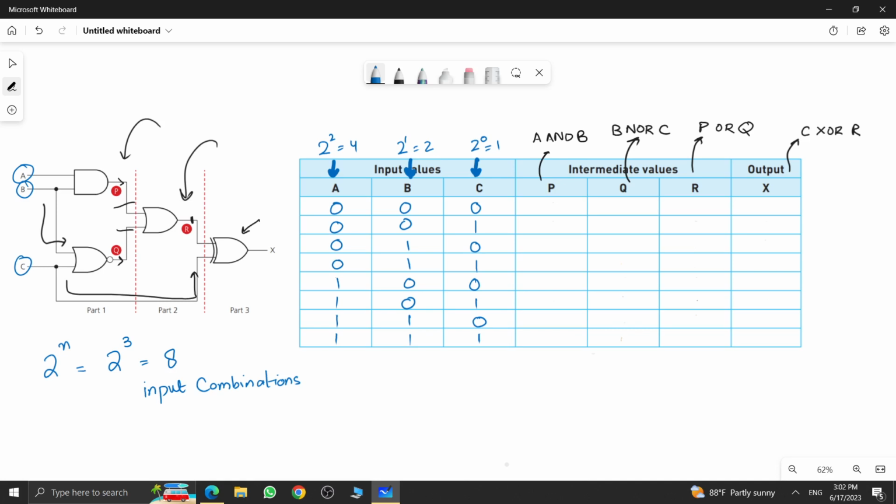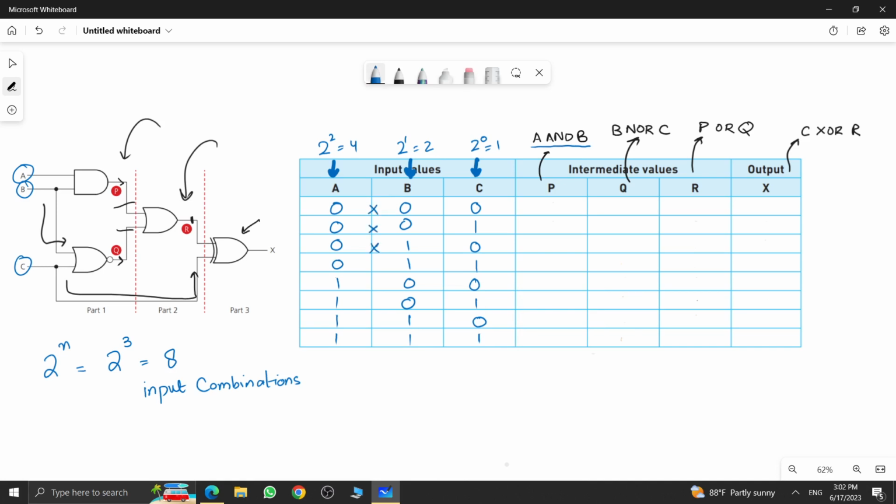Column P is calculated by doing A and B. A and B means that you have to see the value of A and then B and then AND them. So in the first column, the values of A and B are 0, 0. And remember that for AND, we have to multiply the values.